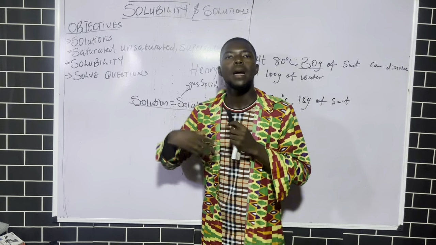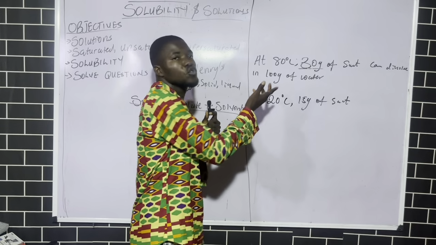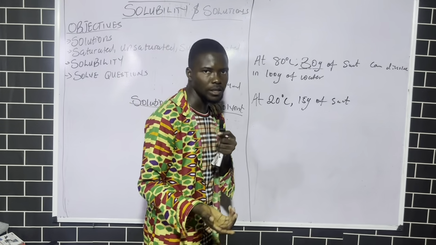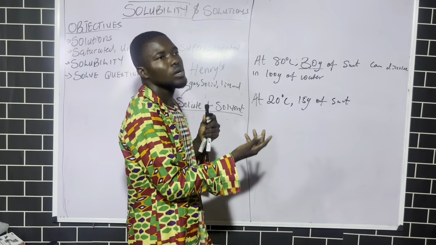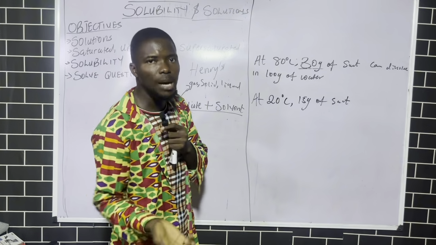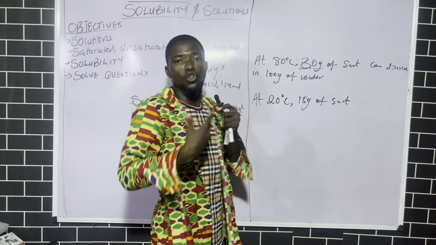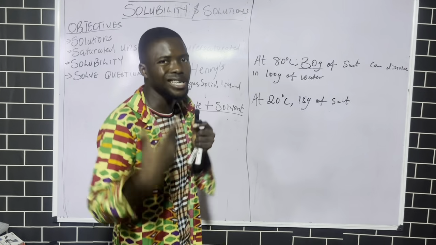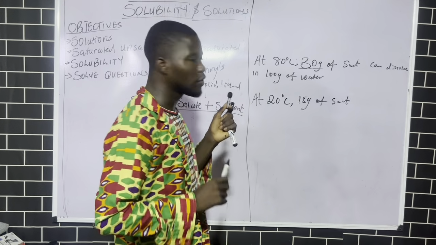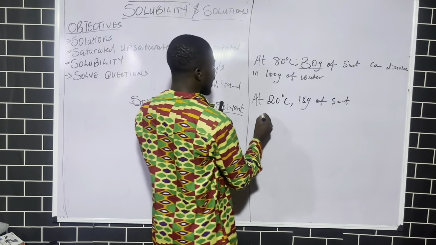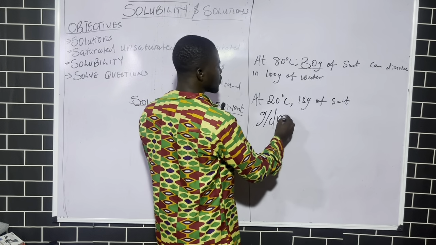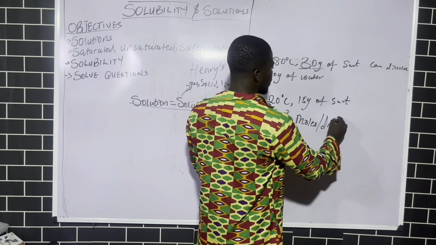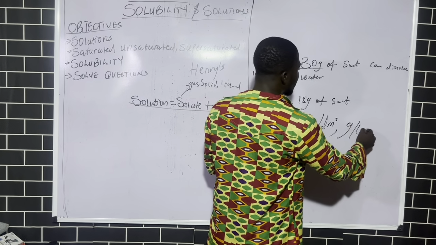So solubility is the mass of solute in grams dissolved in 1 dm cube of solvent, or the amount of solute in moles dissolved in 1 dm cube of solvent, or the mass of solute in grams dissolved in 100 grams of water. So solubility can be calculated in gram per dm cube, in moles per dm cube, or in gram per 100 gram of solvent.